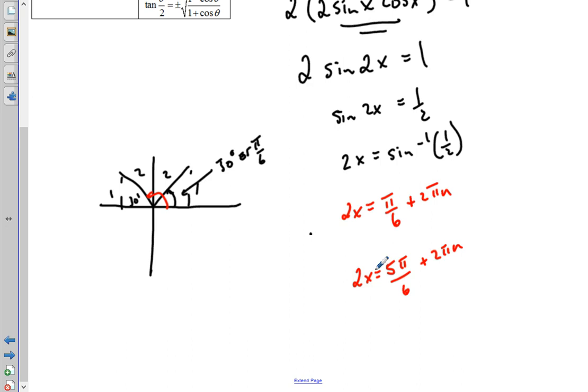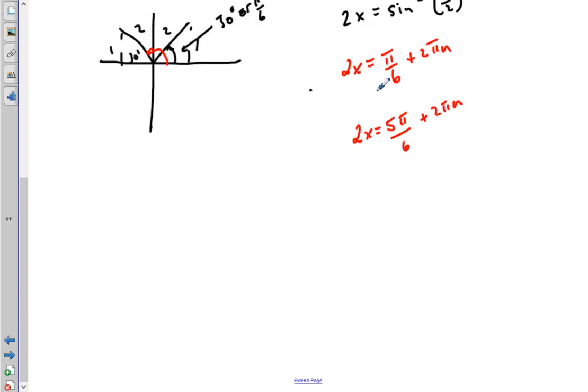Now this goes back to how to solve trigonometric functions when you have a b value other than 1. Our b value is greater than 1, so we might have multiple solutions here. This goes back to 10.3 if you're following along in my class, on how to solve trigonometric equations with multiple solutions. You can check out those videos if that is confusing to you.